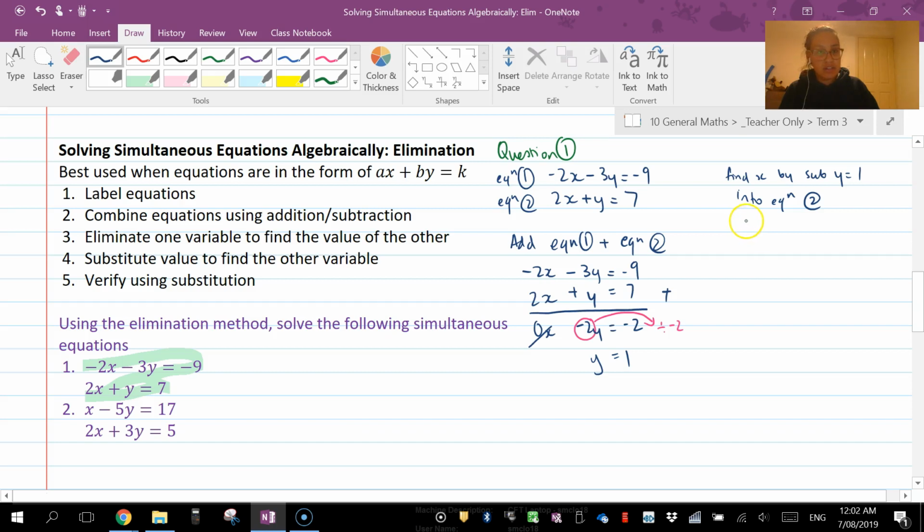So that is 2x plus y equals 7, 2x plus 1 equals 7, and that would give us 2x equals 6, and that would be x equals 3.